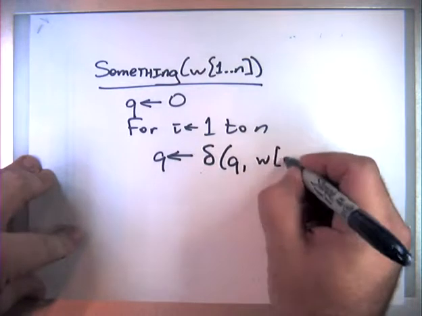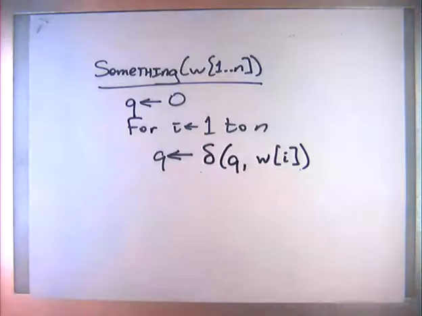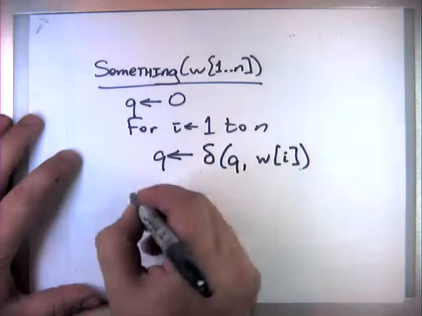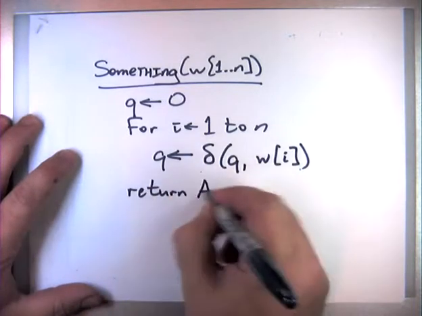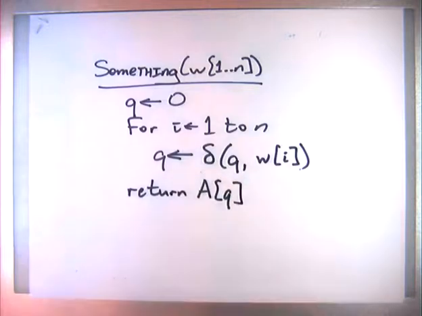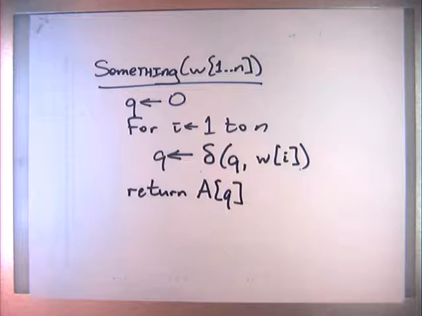And this function takes in the current state and the next symbol. And finally, I'm going to imagine that I have some output array hard-coded into the algorithm, and based on what the state is when I've finished reading the string, I'm going to output whatever's in the array at that position.